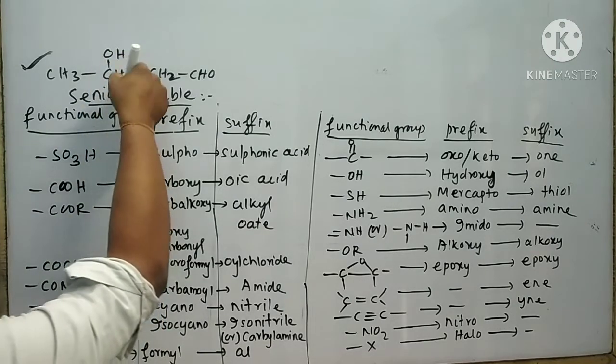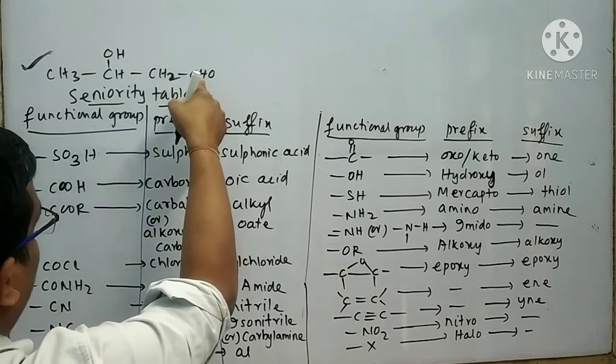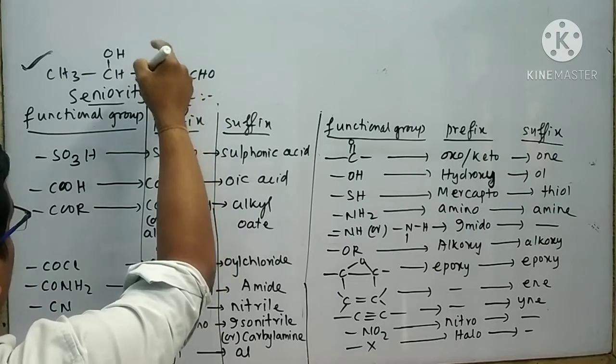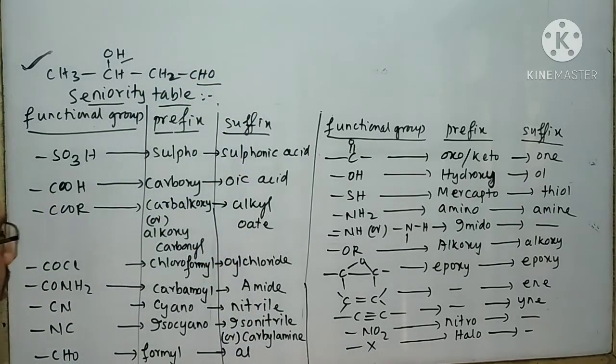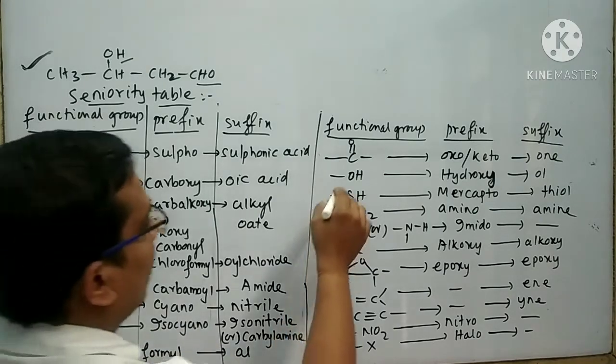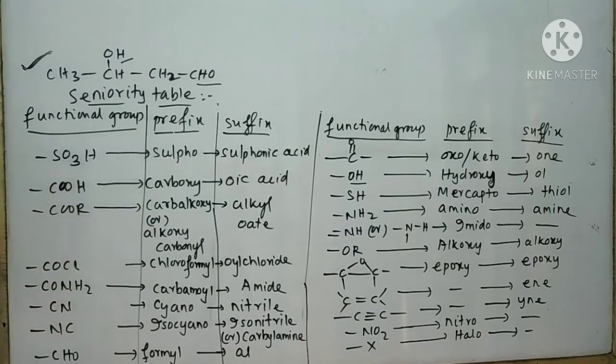Look at that, in this organic compound two functional groups are present. One is -OH, another is -CHO. In the seniority table, -CHO is present above -OH.